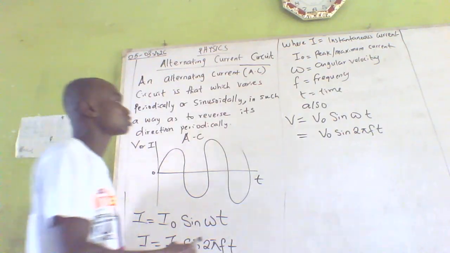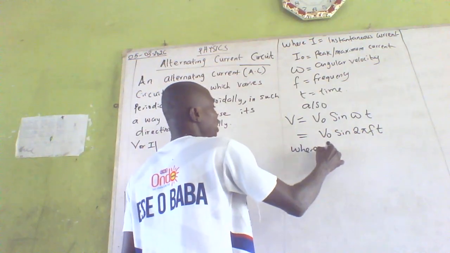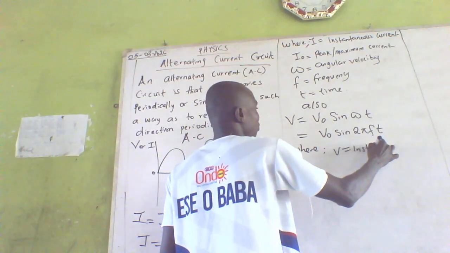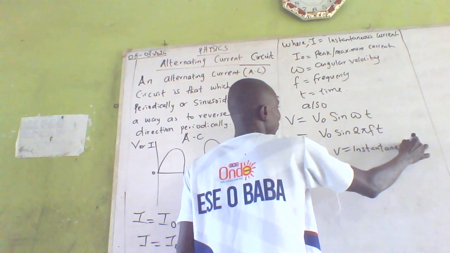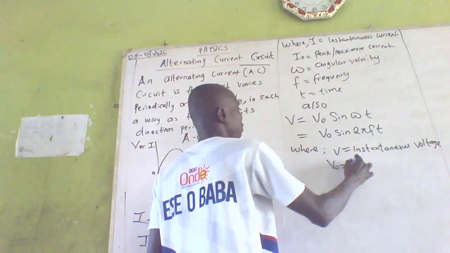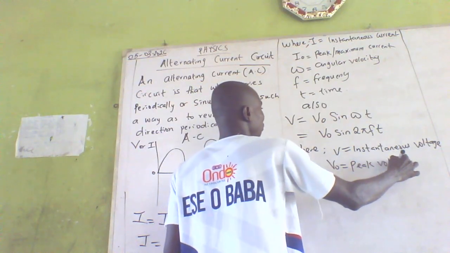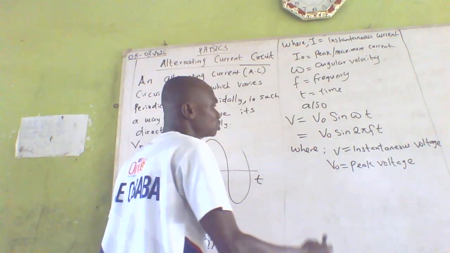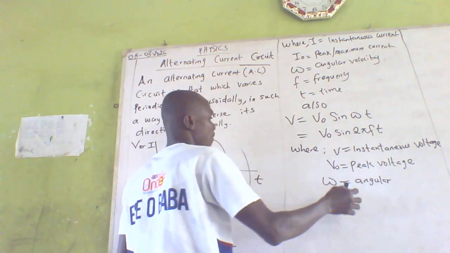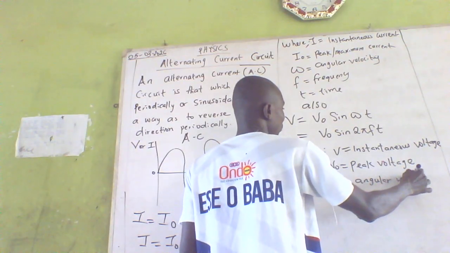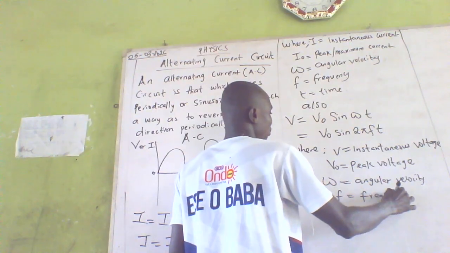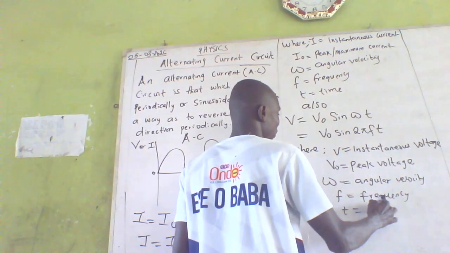So again, where V is the instantaneous voltage, V naught is our peak voltage or maximum voltage, omega is our angular velocity, f is our frequency, and t is the time.